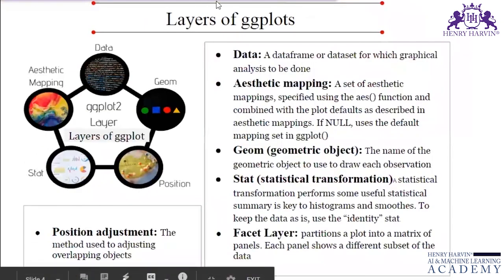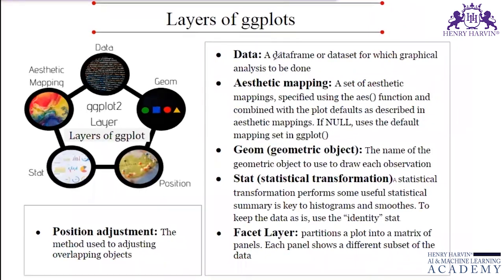The different layers of ggplot that are involved in our graphical representation: first is the data layer. The data layer is the data frame or the data set that we are using for our graphical analysis. Next is aesthetic mapping. A set of aesthetic mappings is specified using the aes function and combined with plot defaults.